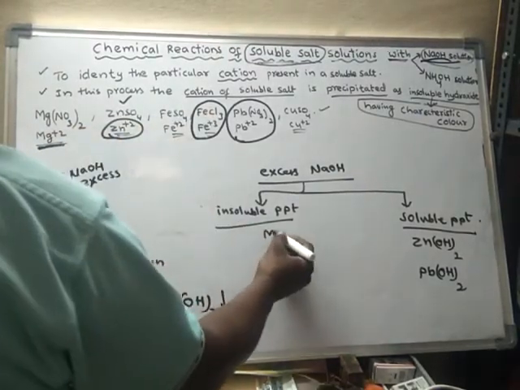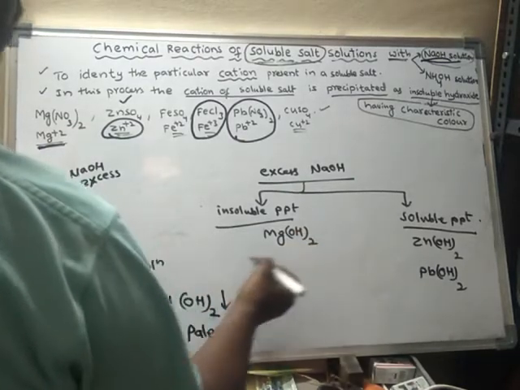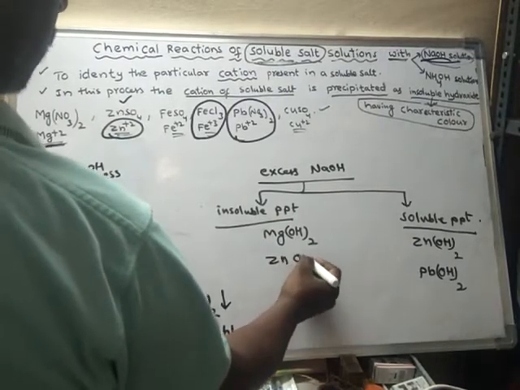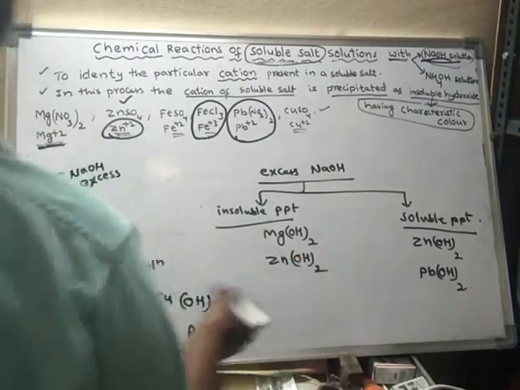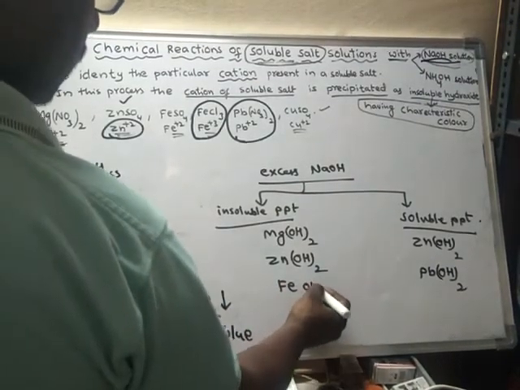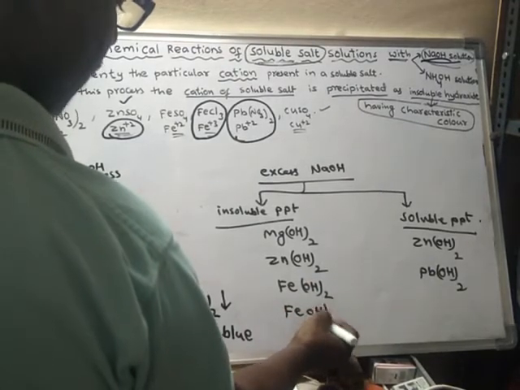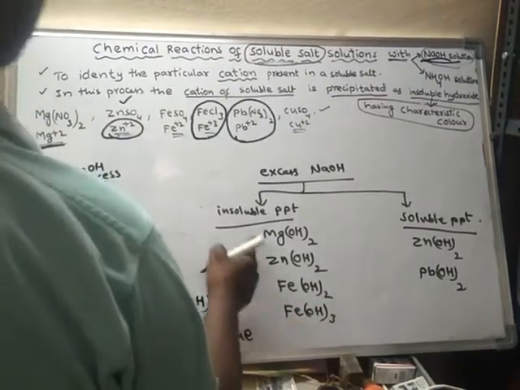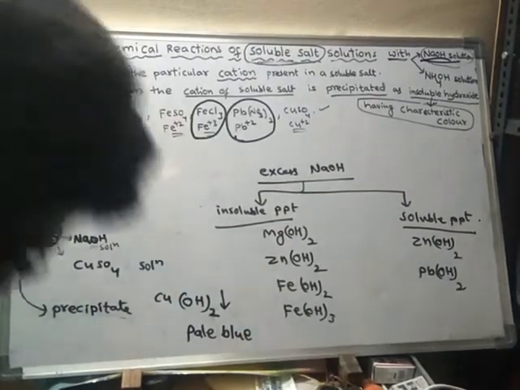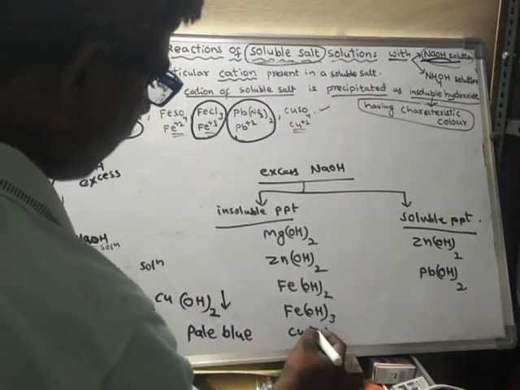The insoluble precipitates are all these. Magnesium hydroxide is insoluble, a fine milky white precipitate. Ferrous hydroxide, a dirty green precipitate, and ferric hydroxide, a reddish brown precipitate, are also insoluble. Copper hydroxide, a pale blue precipitate, is also insoluble.